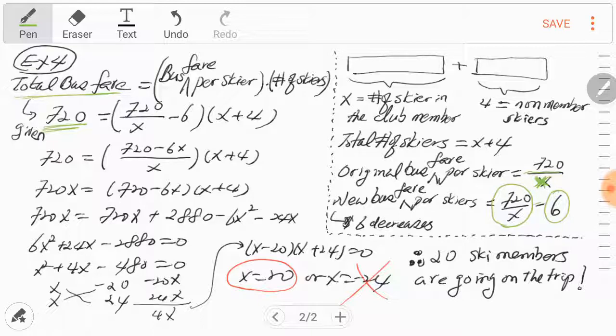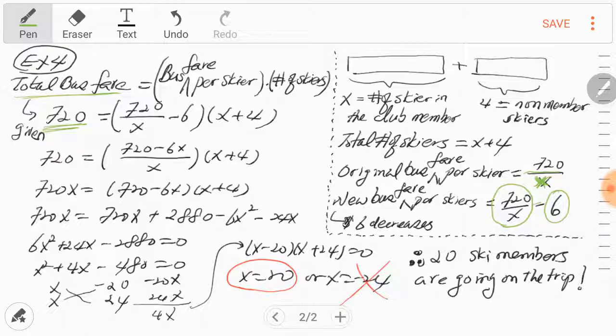Okay. Then how do we find the number of skiers? In this case, let's use the total bus fare. The total bus fare is $720, and this total amount is the product of the number of skiers times what? The bus fare per skier, right?